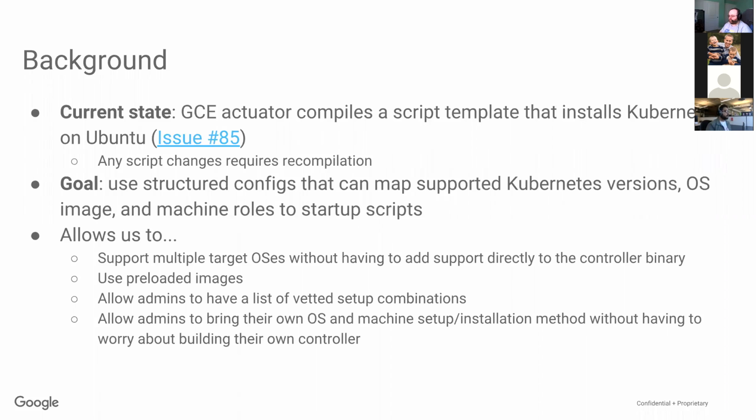We could use preloaded images, and this way we would just have a separate config that would specify this image, and then the startup script would just skip any of the installation steps. Admins would have a list of vetted setup combinations. The idea here was that we would have a YAML file that would basically list out all the configs. And so then admins would be able to see what we support. And they'd also be able to bring their own OS and machine setup and just add it to this YAML file instead of having to rebuild their own controller.